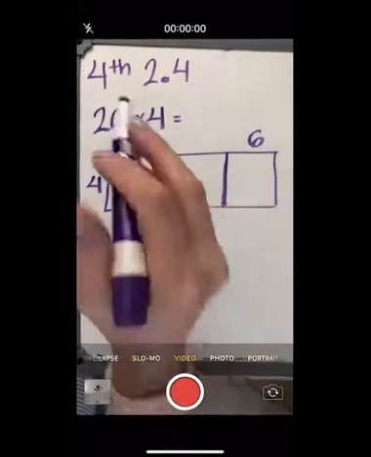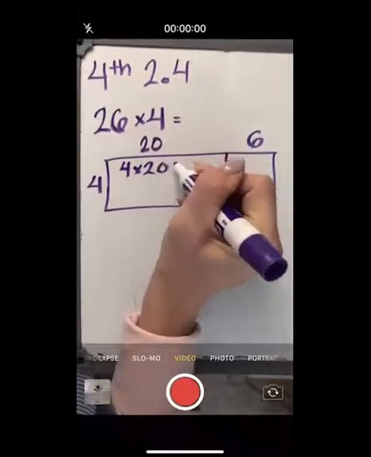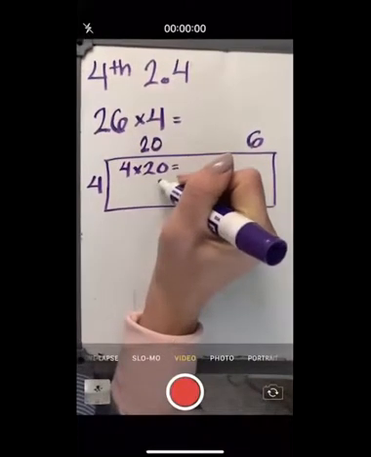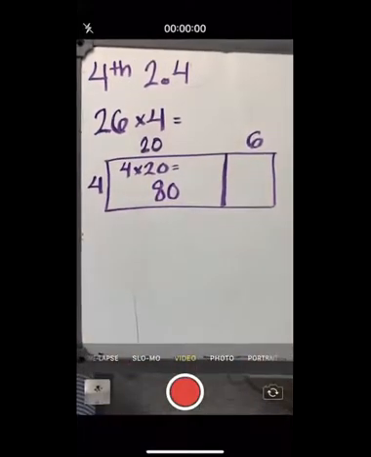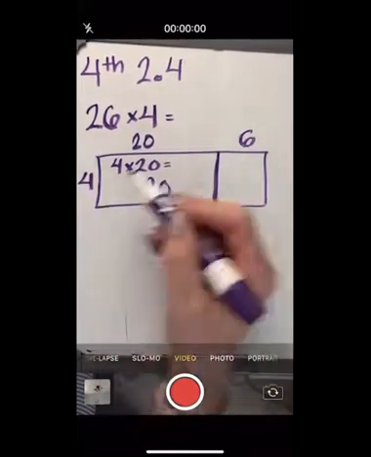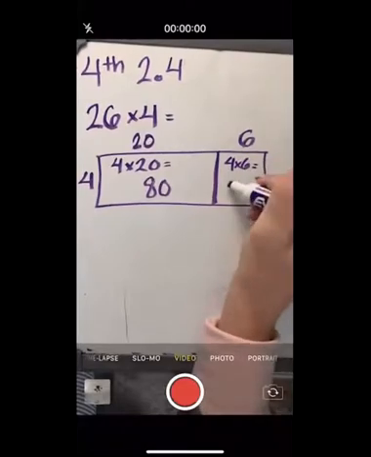Right here, we would have 4 times 20. We know that 4 times 2 is 8. Bring back our zeros, so in this case we would have 80. Over here, we would have our 4 times 6, which gives us 24.